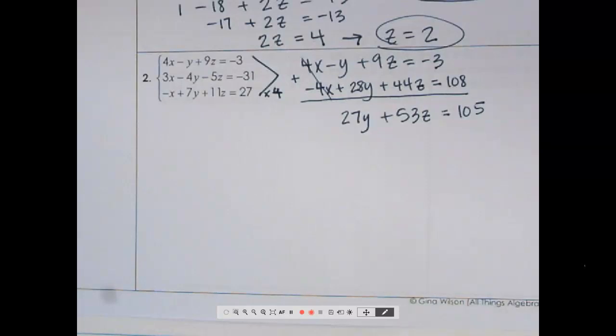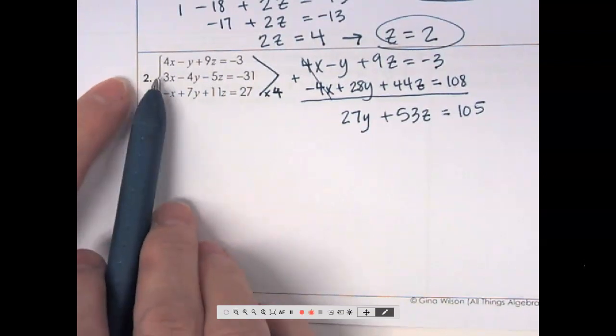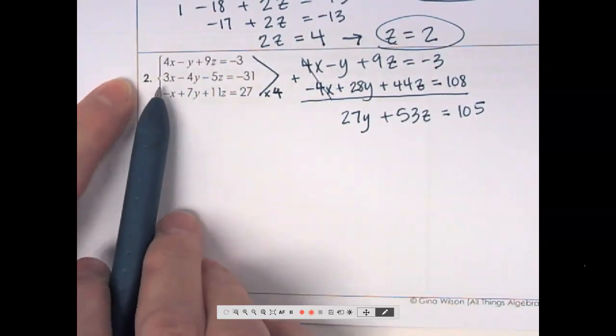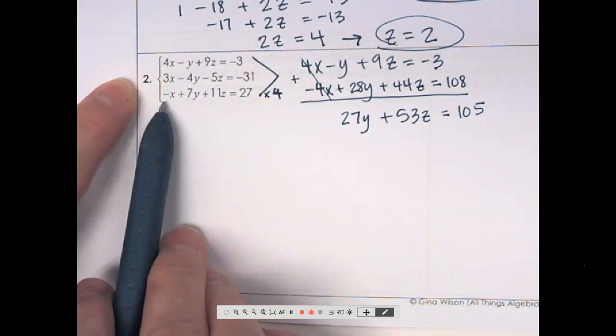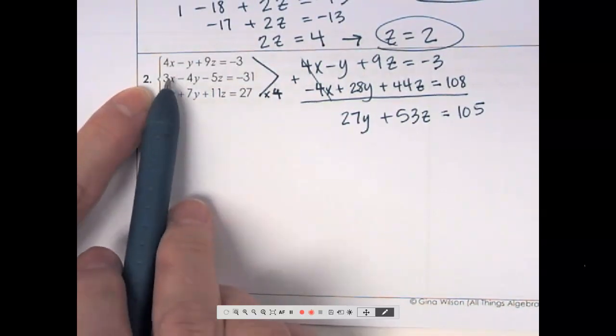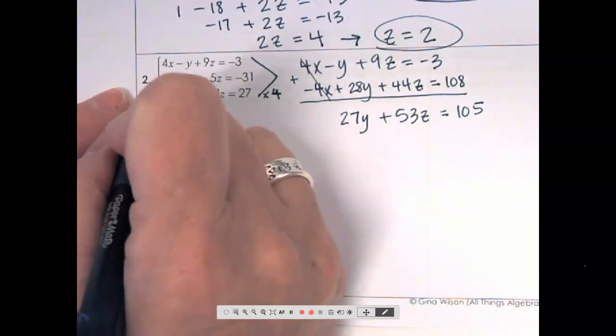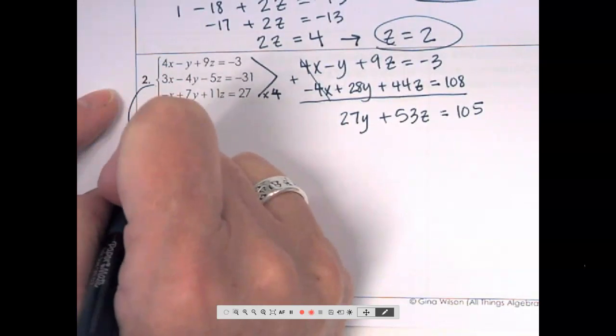Okay, so next I go back to the original 3, get a different combination, but I have to get rid of x again. So that means either pair 1 and 2 or 2 and 3. 2 and 3 is the clear winner to me because I can make this be a negative 3x and then it cancels with the 3x. Okay, so my second set of equations, I'm not changing equation 2.